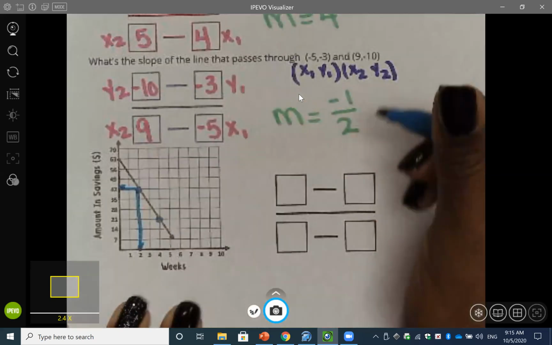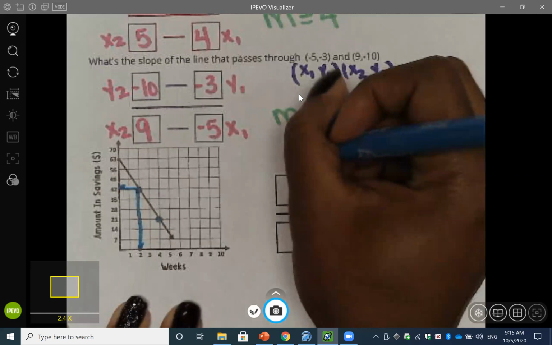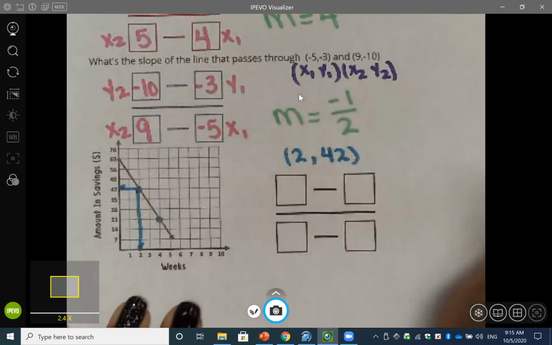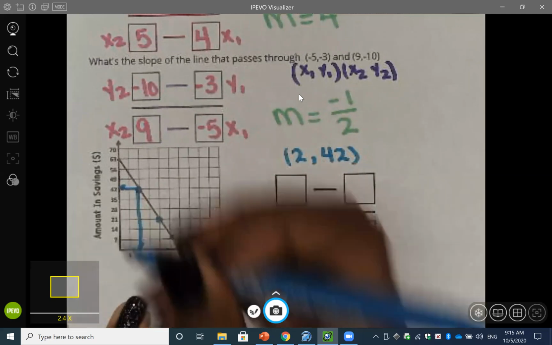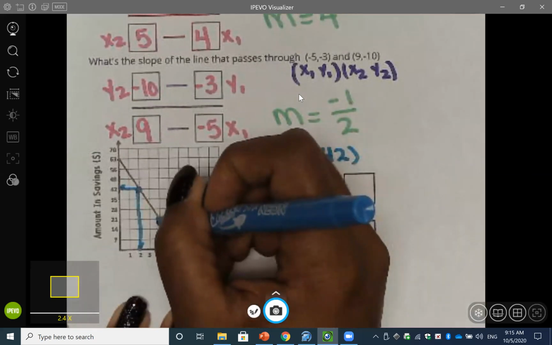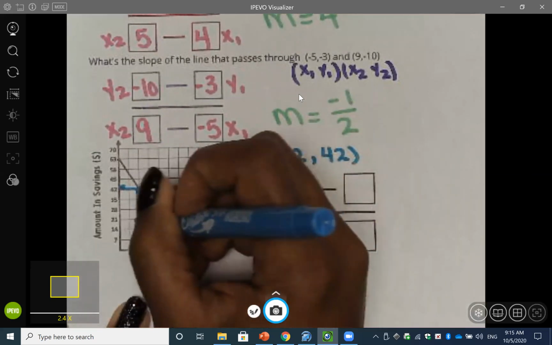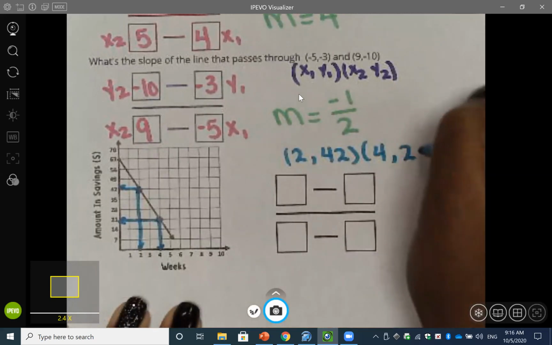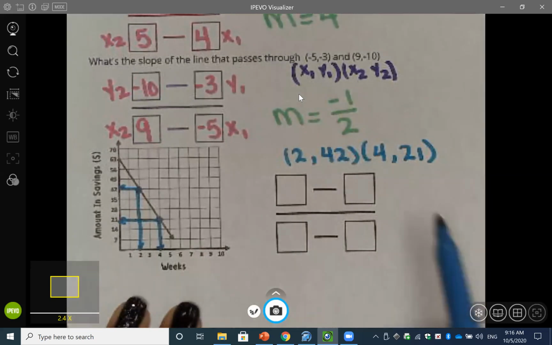So that's my first ordered pair, 2, comma, 42. My second ordered pair, I went over to 4 and up to 21. So 4, comma, 21. You always put your X first and then your Y.